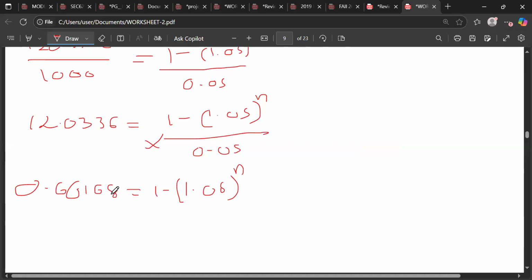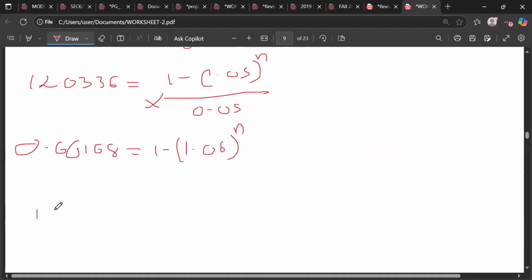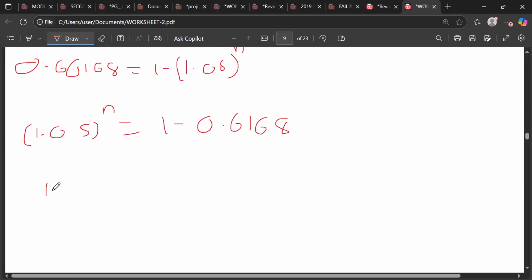The negative goes to the other side, they switch sides. So 1.05 to the power n is equal to 1 minus 0.60168, so 1.05 to the power n is equal to 0.39832. We then find the natural logarithm of these functions that are here.